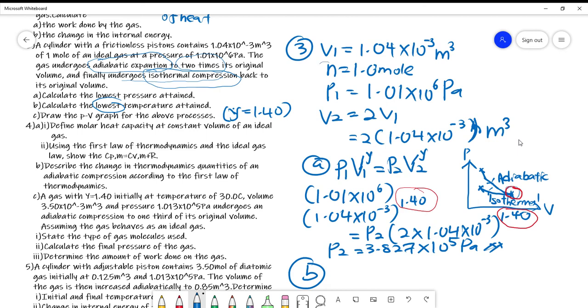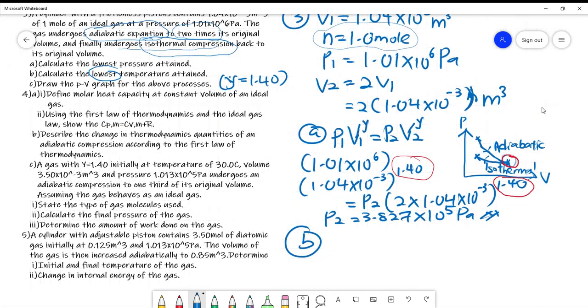So the n is given. Since the moles are given, what we can do is PV equals nRT. Let me just check about it.